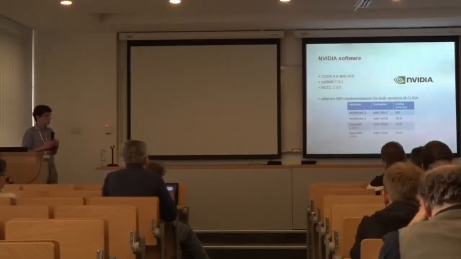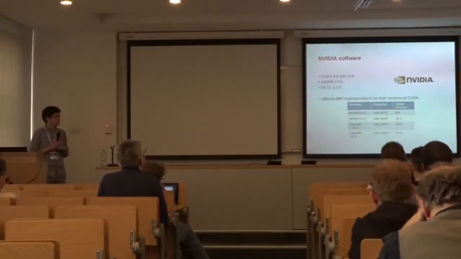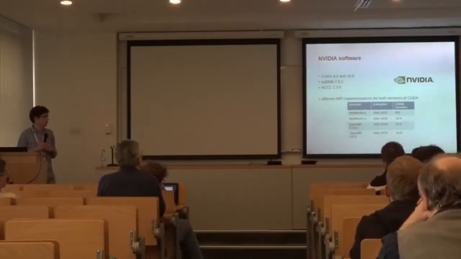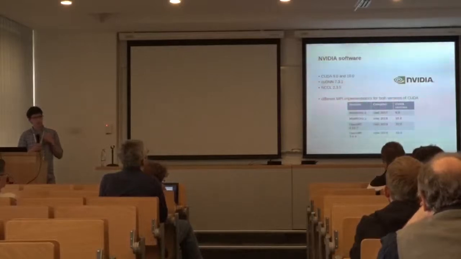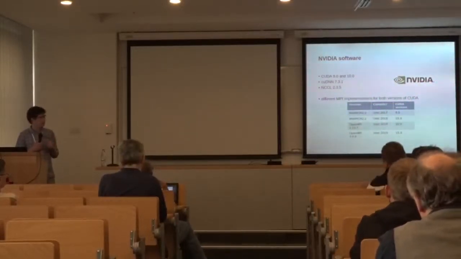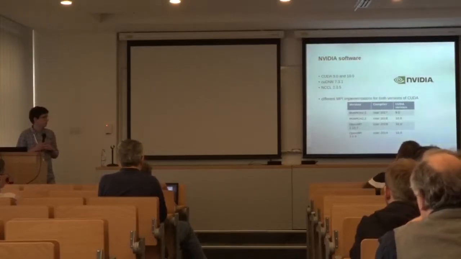Something about NVIDIA software available. We support Cuda version 9 and 10. 10 is the latest version of Cuda, but some applications like TensorFlow, for example, don't officially support Cuda 10, so Cuda 9 is also available.